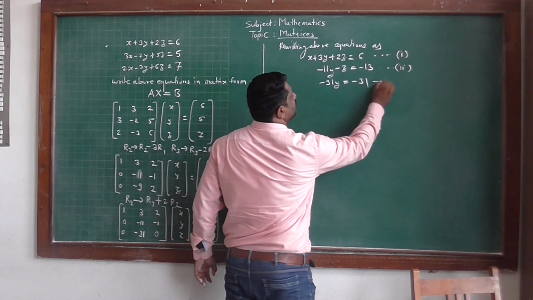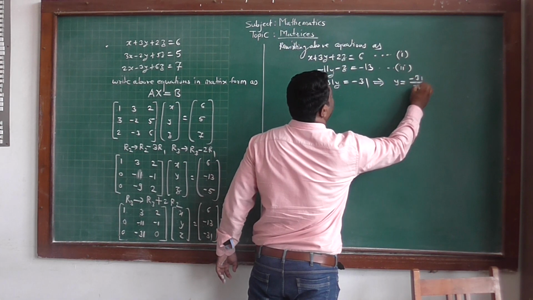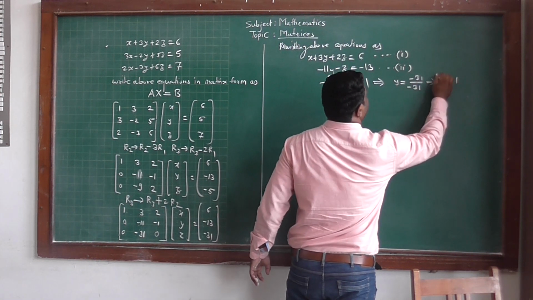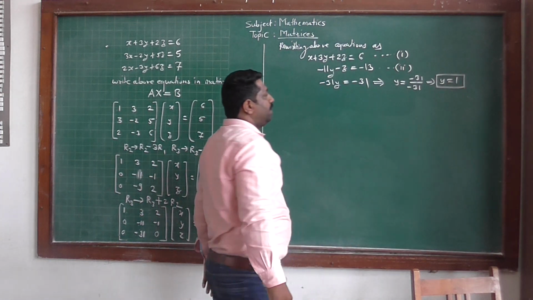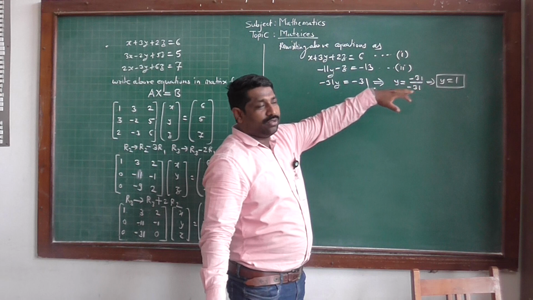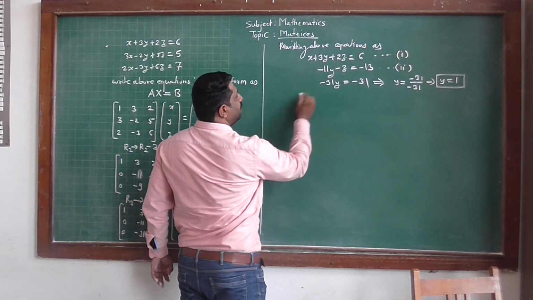From this last equation we get y is equal to minus 31 upon minus 31, that is y is equal to 1. From the last equation we have got the value of y is 1. Now we put this value of y in equation 2 and we will get the value of z.